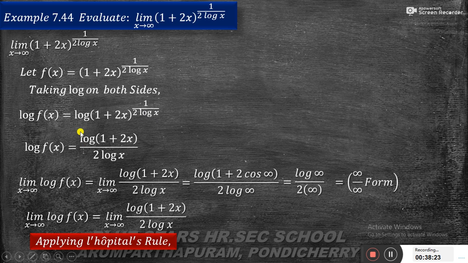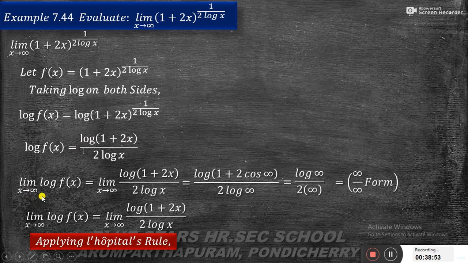So 1 by 2 log x into log of 1 plus 2x, that means log of 1 plus 2x by 2 log x. So log of f of x equals log of (1 plus 2x) by 2 log x.